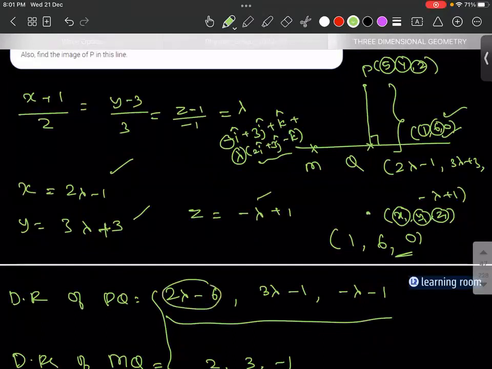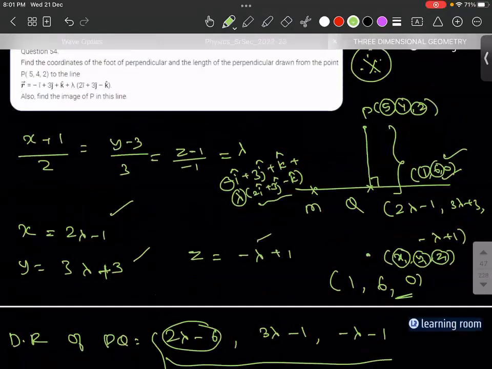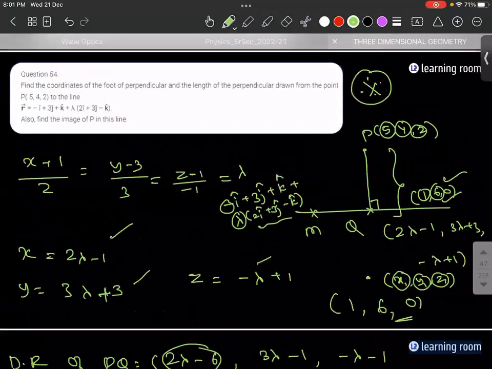See, for PQ vector, what you will do is you will write (2 lambda minus 6) I cap plus (3 lambda minus something) J cap plus (minus lambda minus 1) K cap. Am I right?